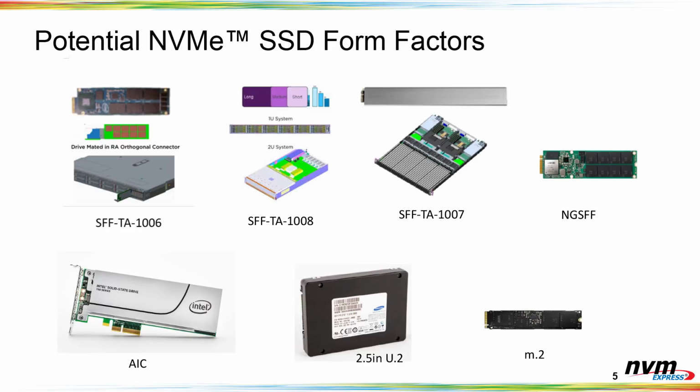And they have real sexy names like SFF-TA-1006, 1007, 1008, NGSFF. There are add-in cards, PCIe add-in cards. There's the traditional 2.5-inch drive, U.2. And then the client guys have M.2.